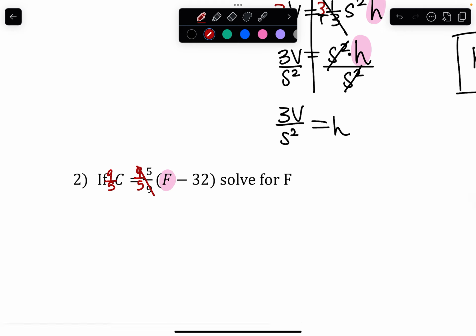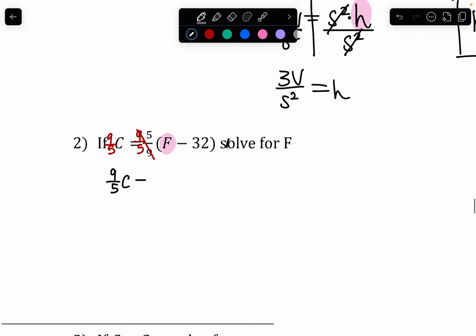You can cancel multiplying by a fraction by multiplying by the reciprocal. And so instead of distributing that to the parentheses, since there's nothing else going on outside, we can go ahead and get rid of the 5/9 rather than distributing it. If there was like a plus something out here, you wouldn't be able to do that. You'd still have to subtract that, whatever's being added first.